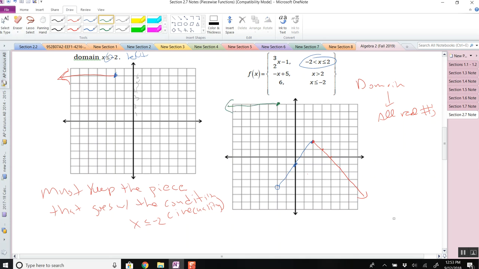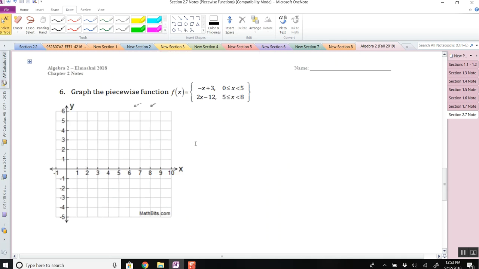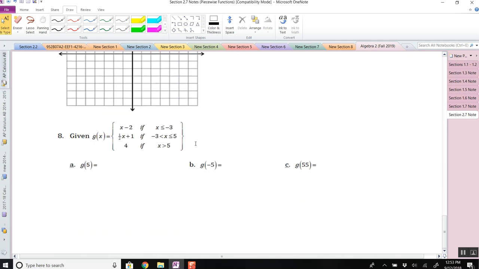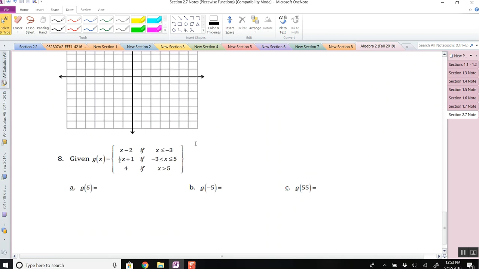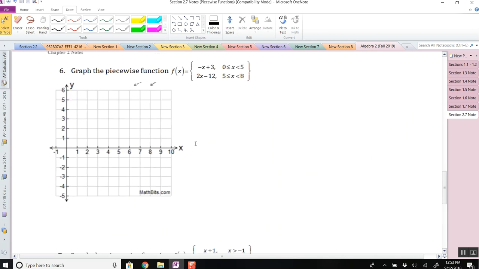So we'll practice this in class when we meet again. There are a few more that we should probably look at just to make sure you got it. So we're going to take a look at 6, 7, and 8. If you'd like to pause the video and see if your graph looks like what I get for number 6. So I'm going to do number 6 right now. But pause the video, come back.